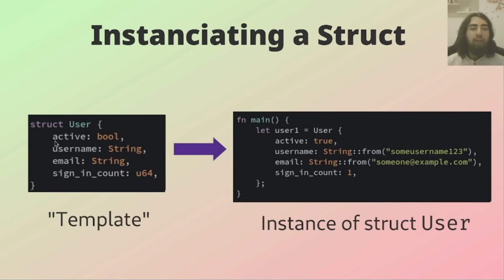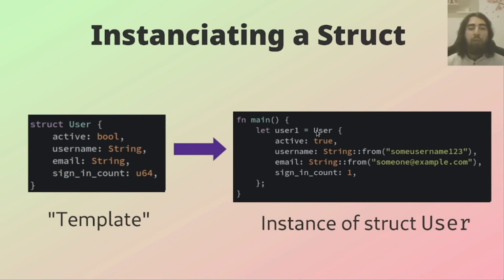And we can define a field by giving it a name and a type that this field should hold. So in this case, the active field holds a type of Boolean. Username holds a type of string, email string, and sign-in count U64. And then we can instantiate this struct.